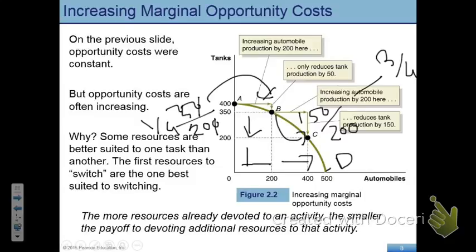So we now have three equivalent observations. The first observation is that as we move down from the upper part of the production possibility frontier to the lower part, the opportunity cost of goods measured by the horizontal axis increases. The second observation is that the slope of the production possibility frontier increases, and this is due to an increasing marginal cost. As you produce more and more automobiles, the opportunity cost of producing automobiles increases, so it is called an increasing marginal opportunity cost.